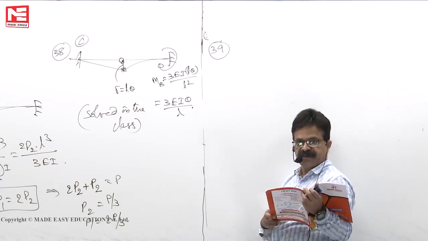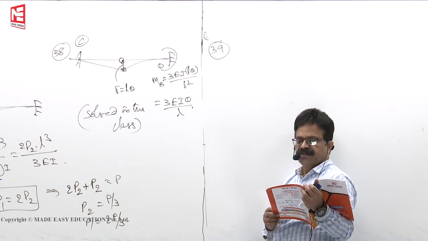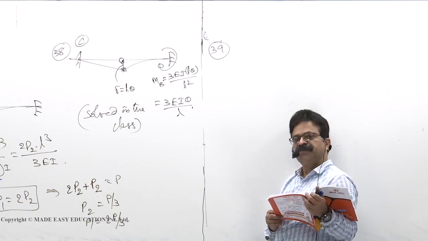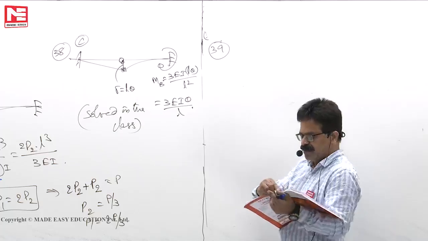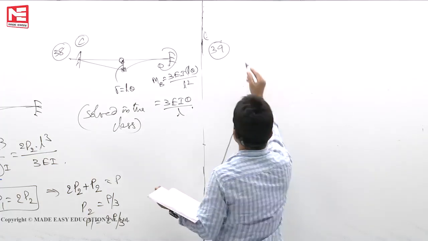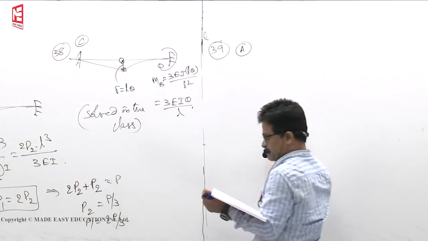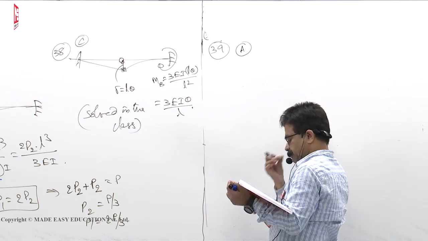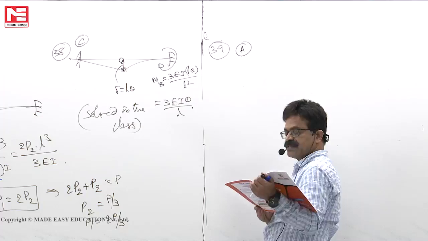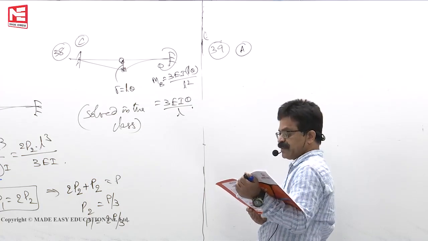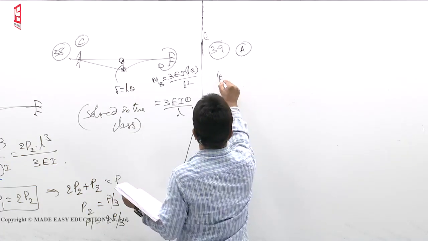So it always ensures compatibility of deformations, whether deformations are compatible or not. So force method characteristic is that. So A. Equilibrium of forces is a characteristic of the stiffness method.